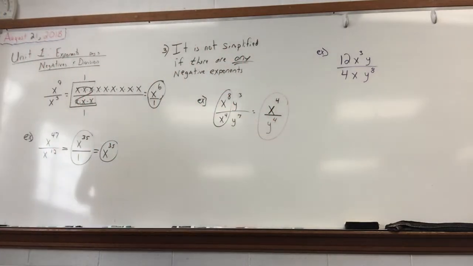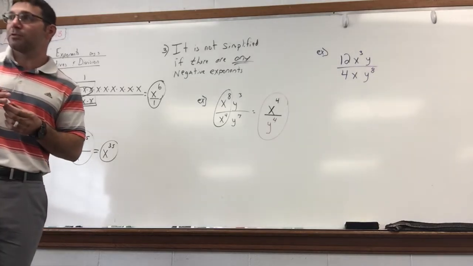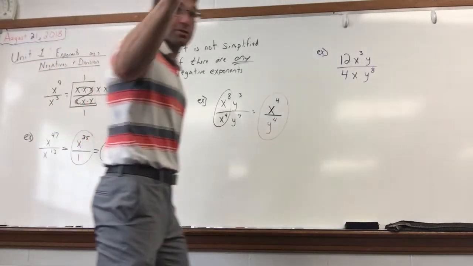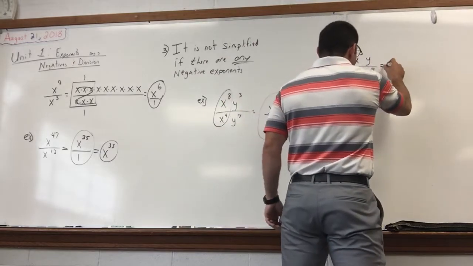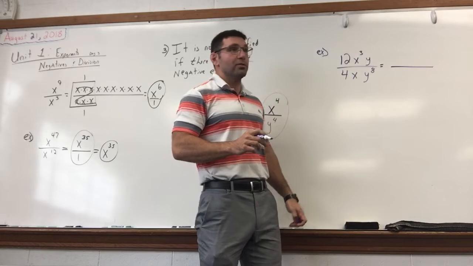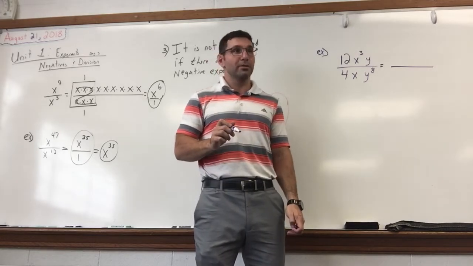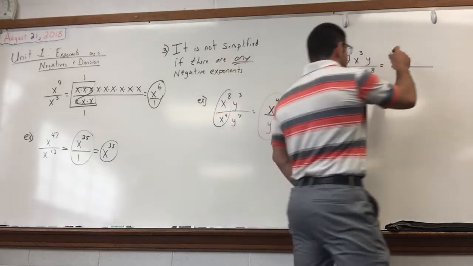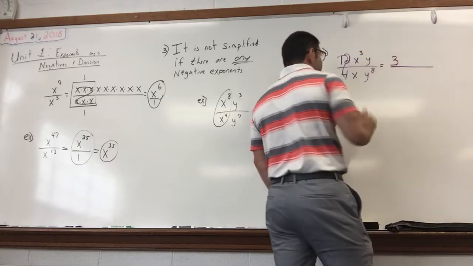A fraction is a division problem. Can we simplify 12 divided by 4? Yes, David, what is 12 divided by 4? 3. So I was already told, hey, Mr. H, why aren't you putting that fraction bar? I need to. Where does 3 go? The numerator or the denominator? The numerator. So we've already taken care of this.